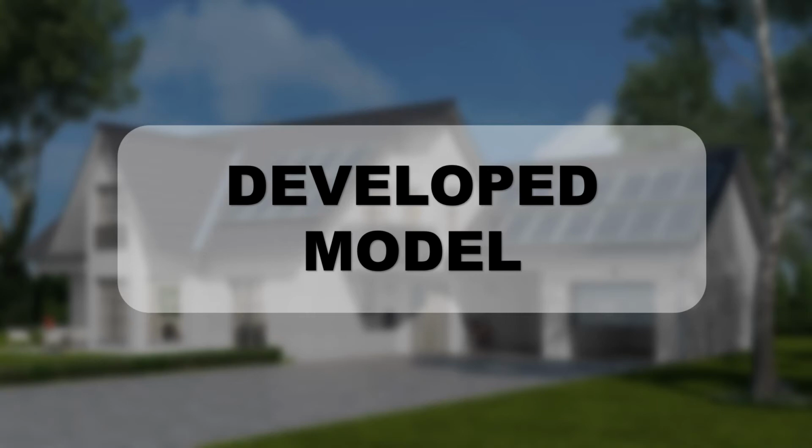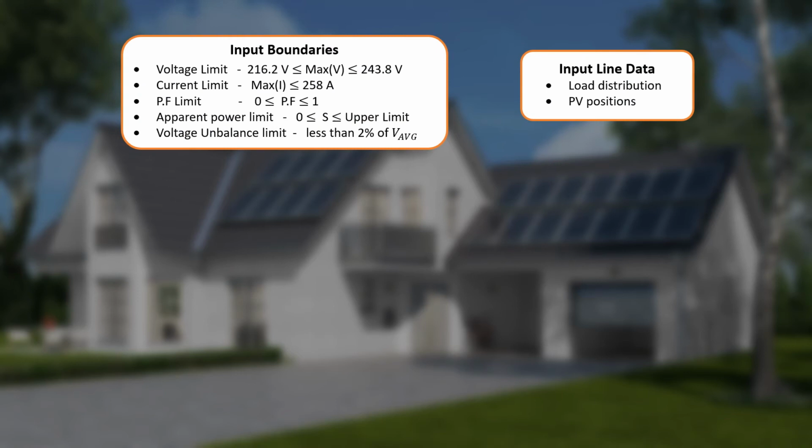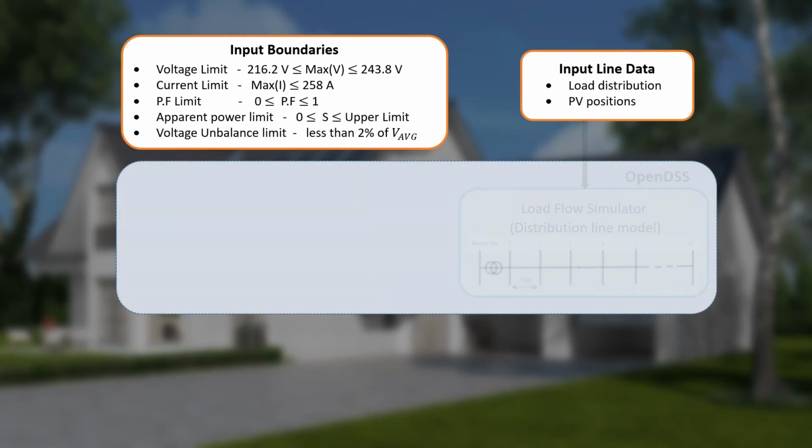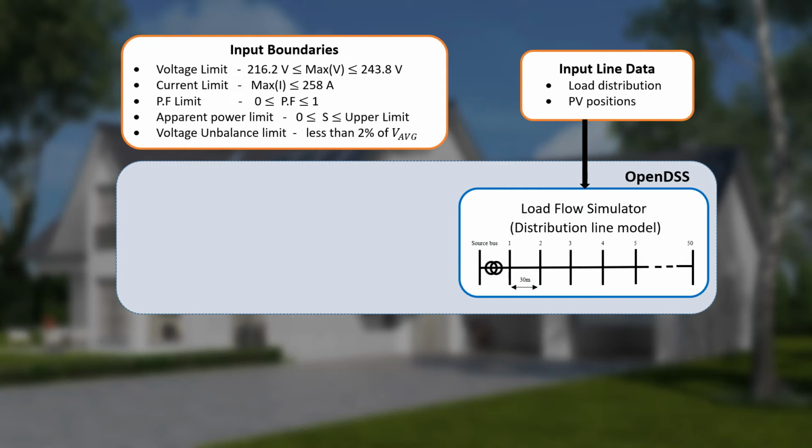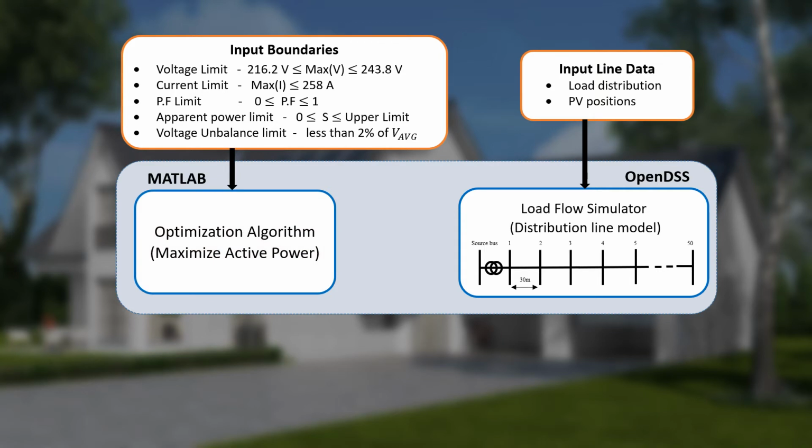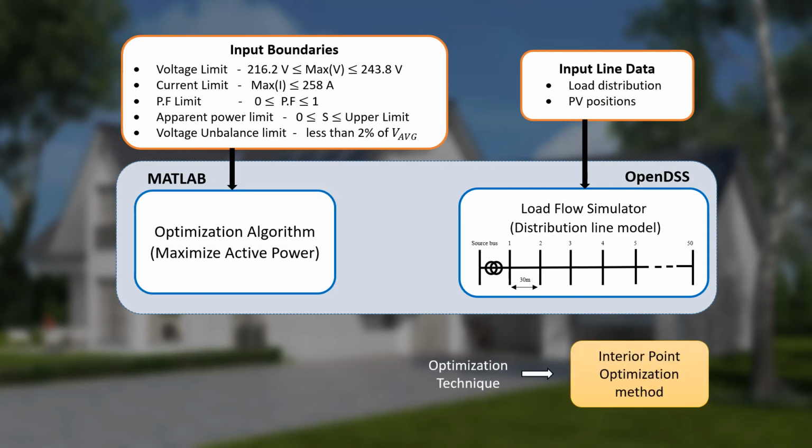As for the developed model, two types of inputs are fed into it. The line data consisting of load distribution and PV positions are given to the load flow simulator to model the distribution line. The input boundaries are then fed to MATLAB to undergo interior point optimization.